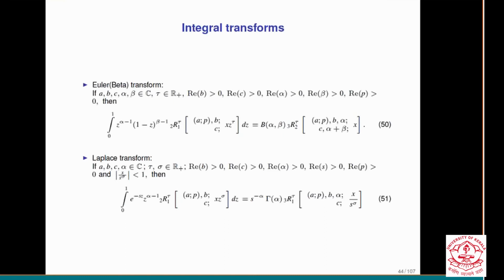So basically here this is the Laplace transform. The kernel is e raised to the power minus xz, into f(z) dz. So this is your kernel, and we impose the condition accordingly as mentioned over here.